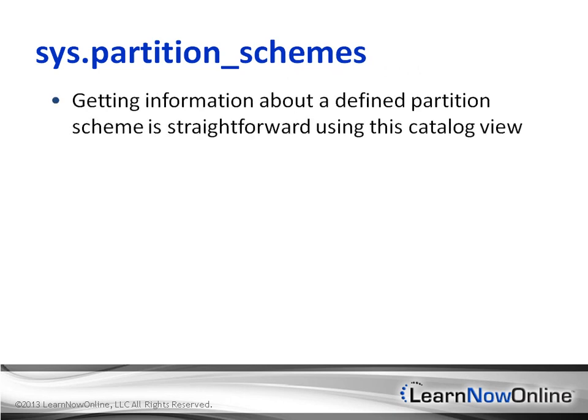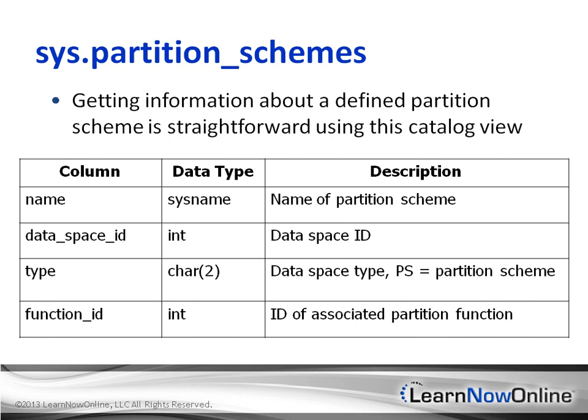Getting information about a particular partition scheme is straightforward because we'll use the partition schemes catalog view. It returns to us not only the name of the partition scheme, but its data space ID, which is internal to SQL, the type of scheme that it is, in this case PS indicates a partition scheme, and then the internal function ID, the ID associated with that partition function.